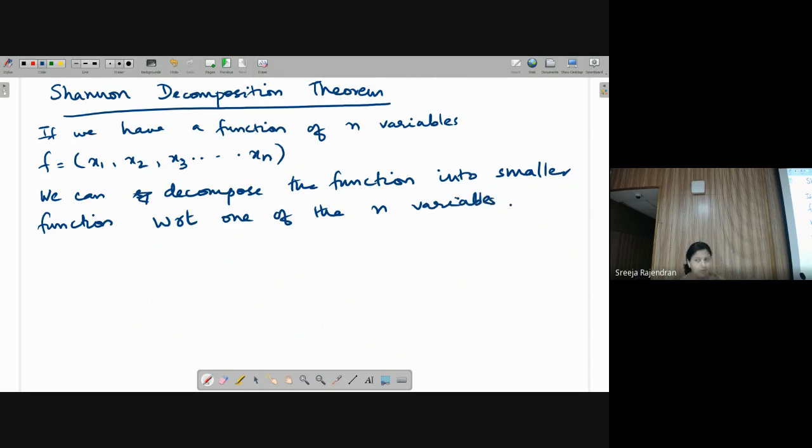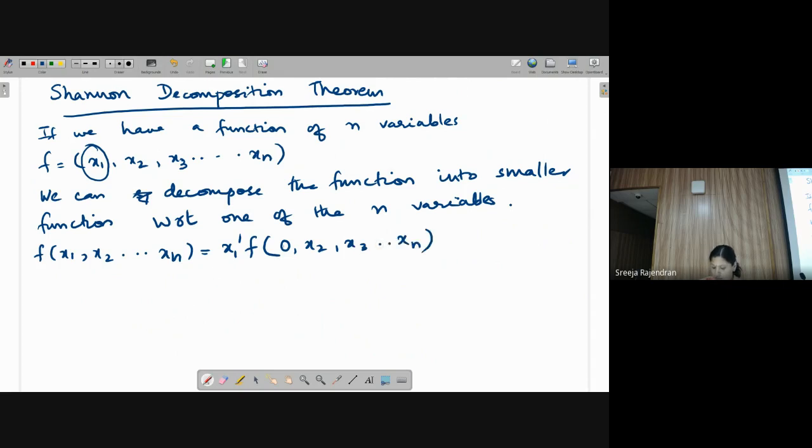We will do one example just to see how we apply what we did now. We said we will use the most significant variable for the outermost mux when we made mux trees, but how does it work this way? I can write my function f(x1, x2, up to xn) as follows. Suppose I want to decompose the function with respect to x1, then I can write x1 bar times the function with 0, x2, x3 up to xn.